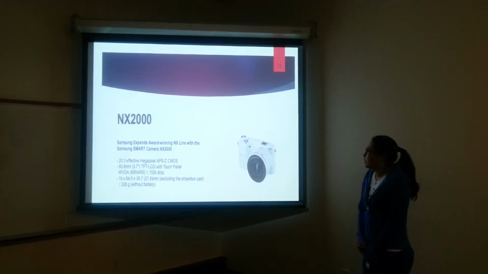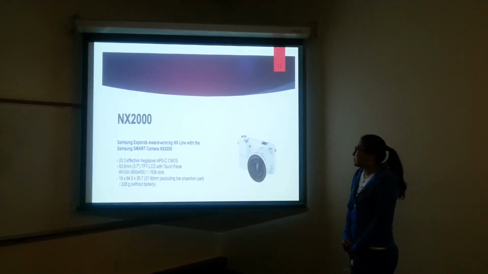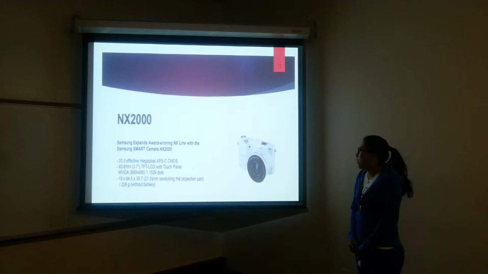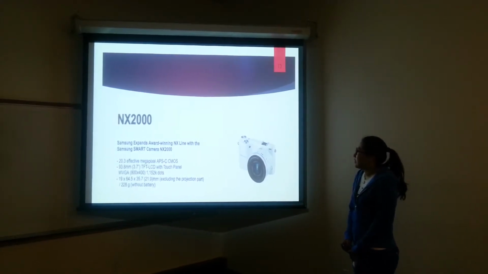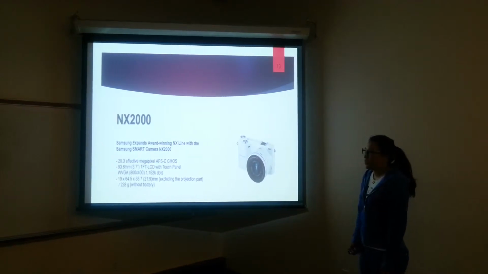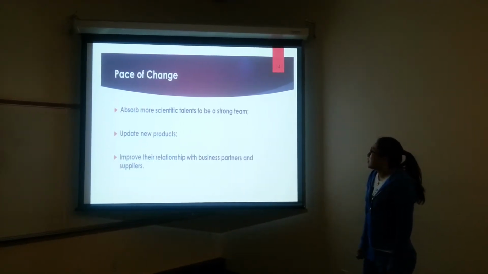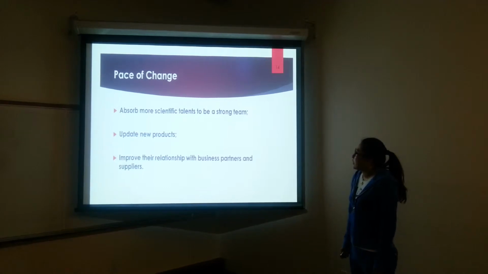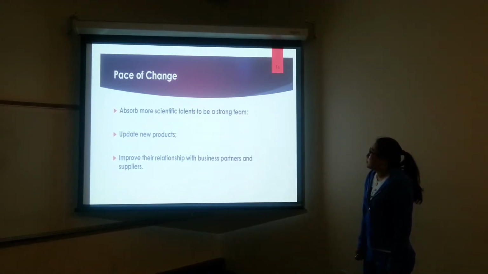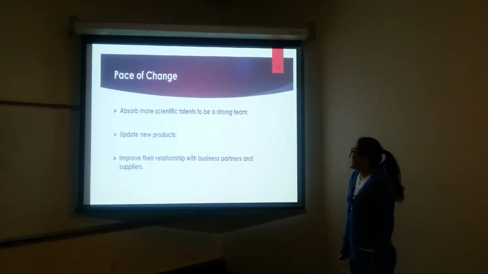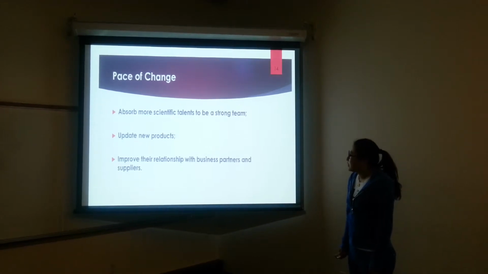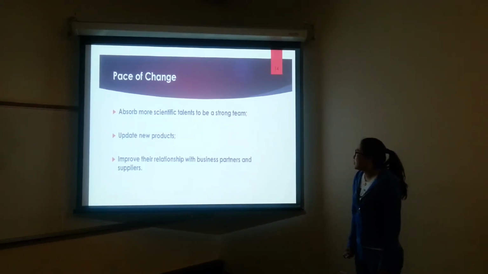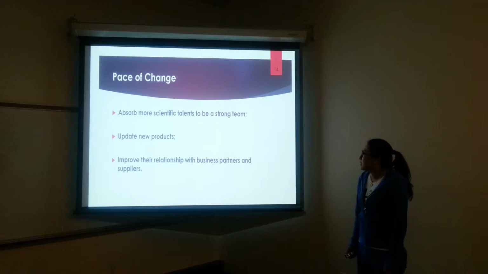For example, to satisfy the customer's requirements, Samsung announced the NX2000. This is an example of competitive advantage. Pace of change: there are 3 ways to improve it. First is to absorb more scientific talents to build a strong team. Second is to update new products. Third is to improve their relationship with business partners and suppliers.